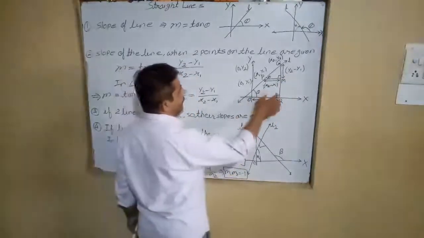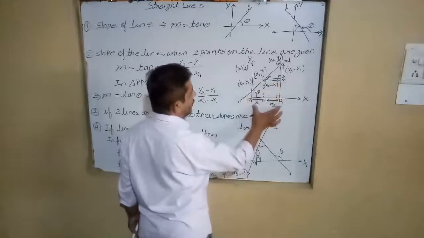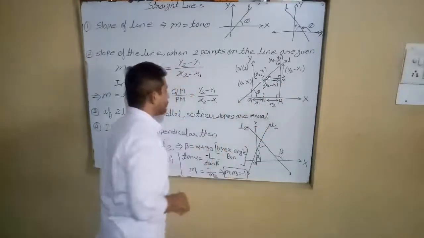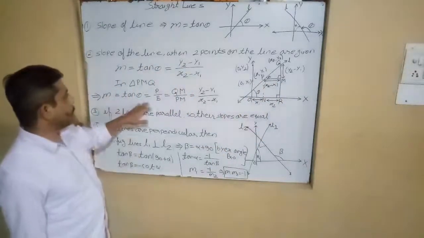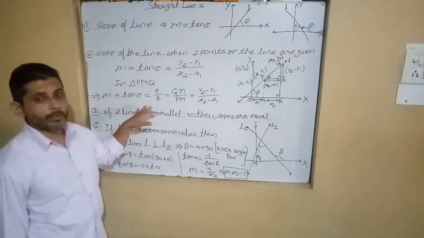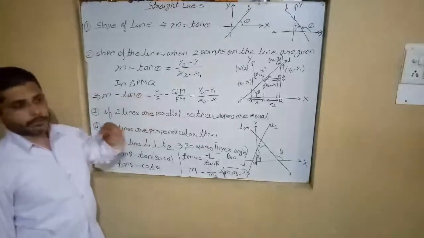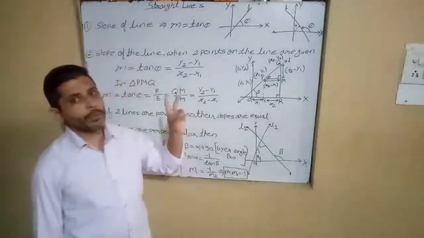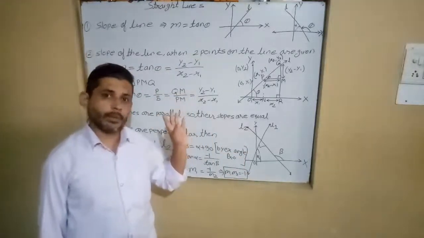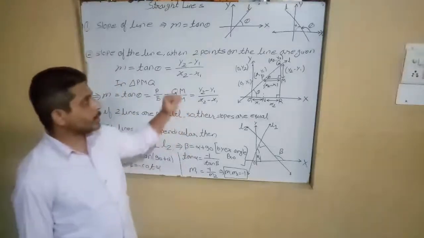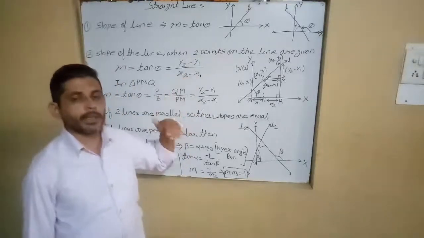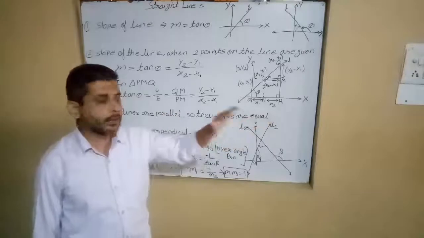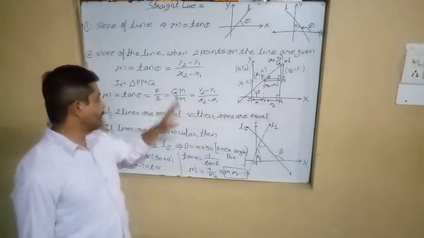Similarly, the length of PM will be equal to x2 minus x1. So this is our slope of line. This is a very important formula to find the slope of a line when we have 2 points on the line given. Okay, if we know any 2 points of that line, we can find the slope of the line using this formula.